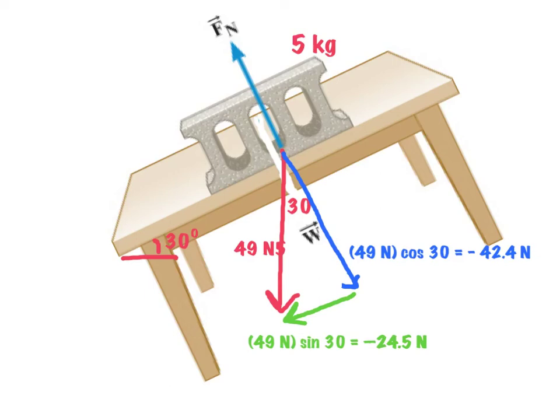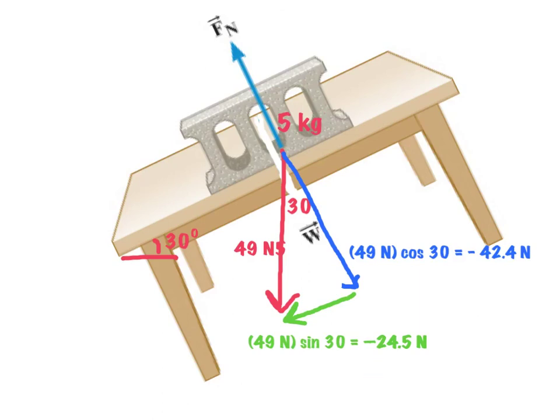All right, so here we are. Now, let's get this 5 kilograms out of the way. So, now we know the y component of the weight, negative 42.4 newtons. We know the x component of the weight, negative 24.5 newtons.